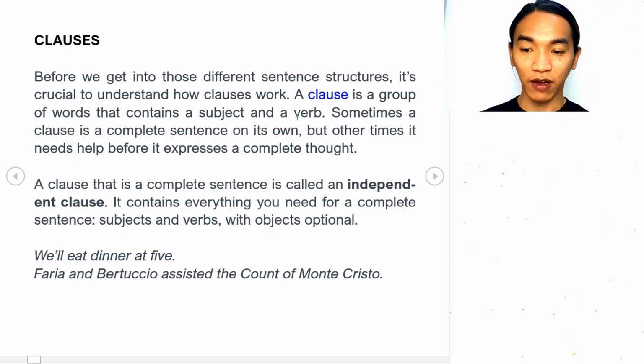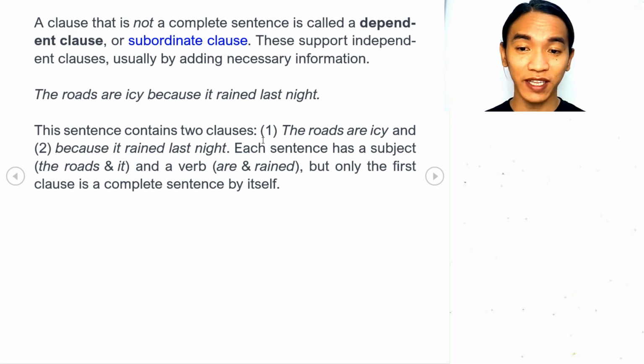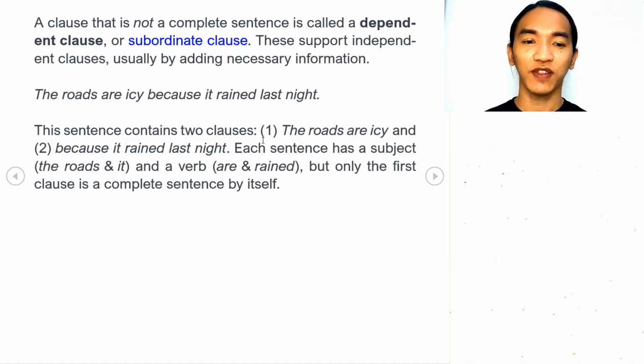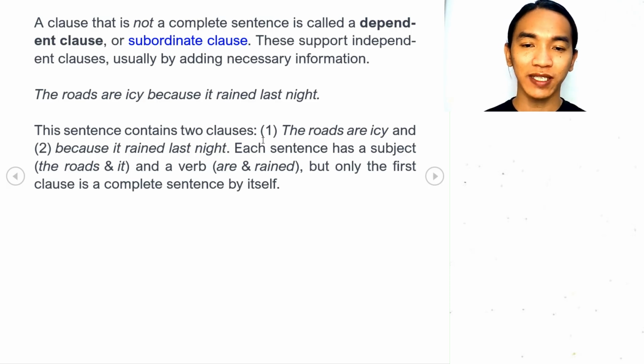Now for the next one, a clause that is not a complete sentence is called a dependent clause or subordinate clause. These kinds of clauses support independent clauses, usually by adding necessary information. Since these clauses do not have a complete meaning, they need independent clauses to complete their meaning.